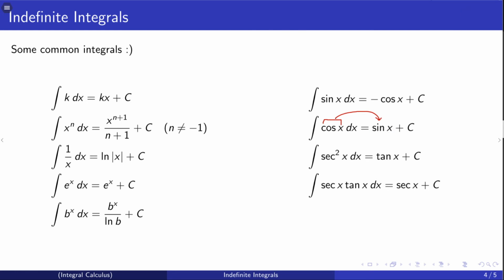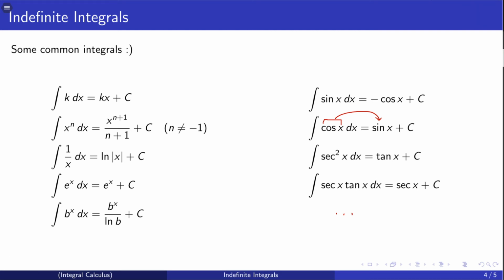Remember, we're just going the other way here. You're reversing differentiation when you're looking for an antiderivative. And so I encourage you to look and memorize this table of common integrals. And in fact, not just these ones, but there are other ones in our textbook that you should know.